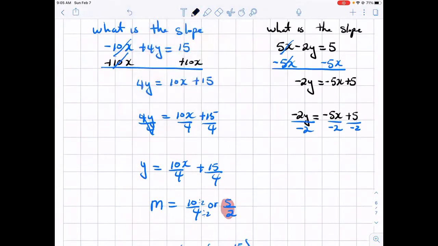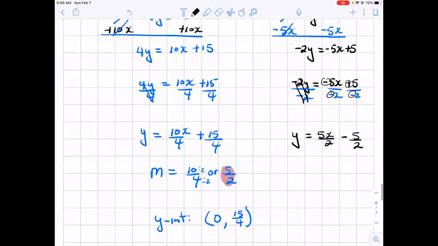So the negative 2 divided by negative 2 becomes positive 1y, is equal to a negative divided by a negative becomes positive, so we have 5x over 2. And a positive divided by a negative is a negative 5 over 2. So here we can see that the slope is also 5 halves. And the y-intercept, just for your knowledge, is 0 comma minus 5 halves.